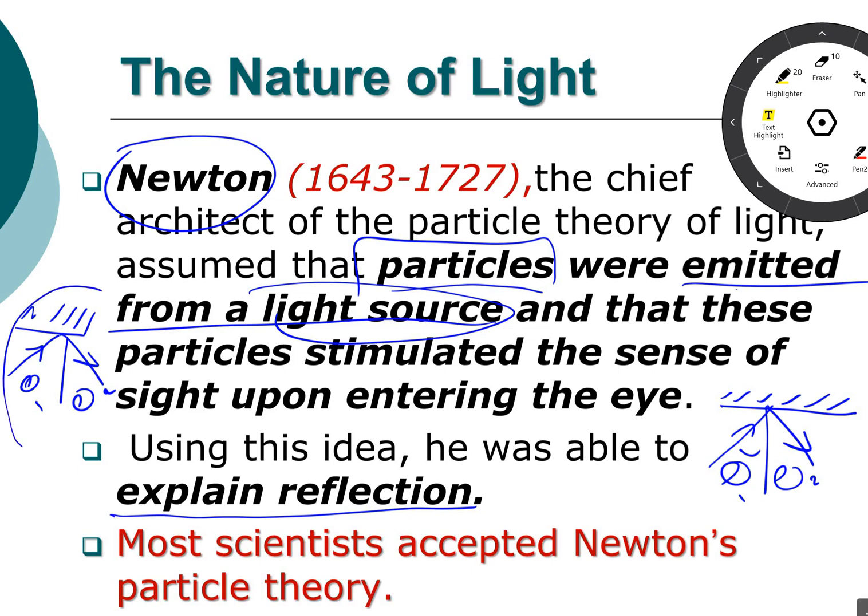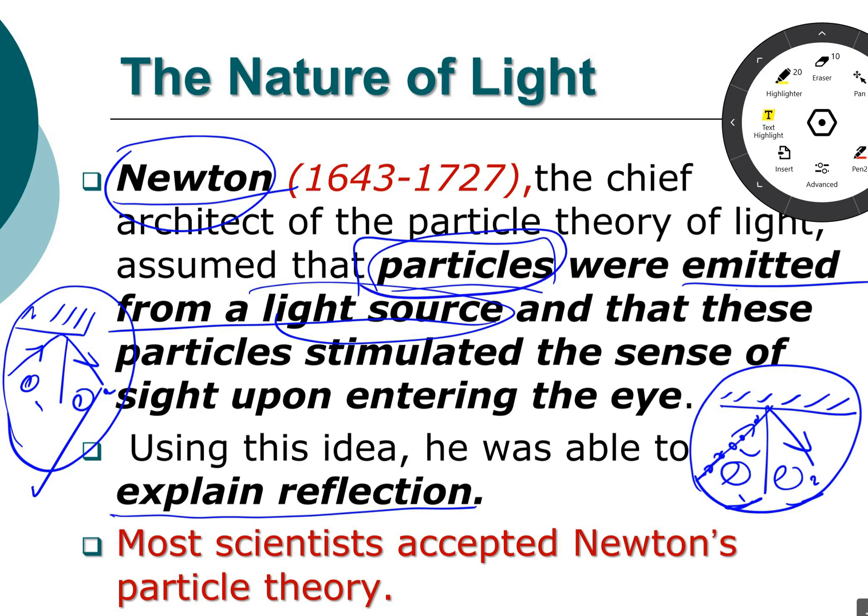Here the ball is a particle, so Newton took the same idea and assumed that a beam of light is just a stream of small particles which are incident at an angle and reflected at the same angle, similar to this ball. We can also observe this in a billiards game. So Newton, as a famous scientist, assumed that light consists of particles.